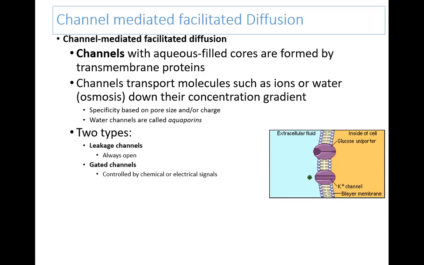But a chemical gate simply depends on the presence of something landing on it to cause it to open up. So leakage channels and gated channels. And of course, the water channels, which are nothing more than leakage channels, are called aquaporins. And they're only going to let water come in.